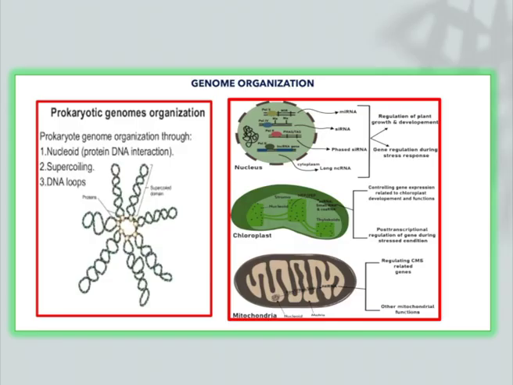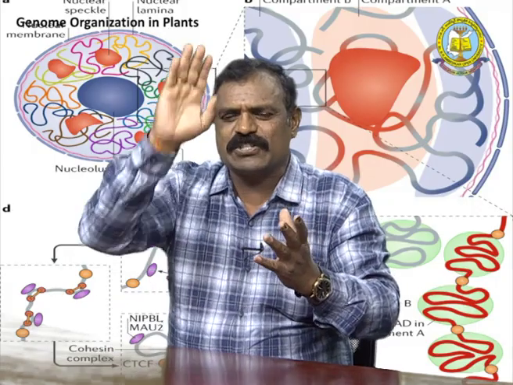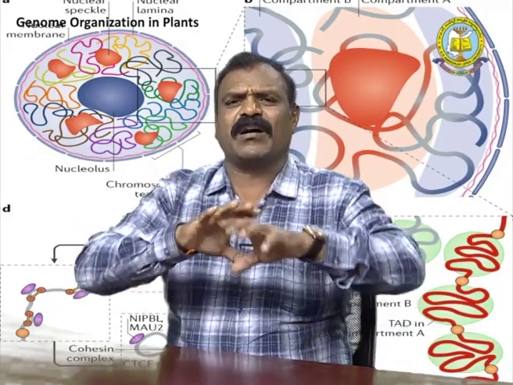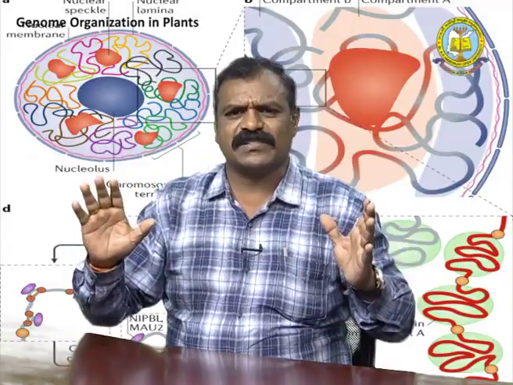On the right side image, we observe the nuclear genome, chloroplast genome and mitochondrial genome. The chloroplast and mitochondrial genomes we call the extranuclear genome, but the nuclear genome is the actual genome that acts as the genetic material in all eukaryotic organisms.